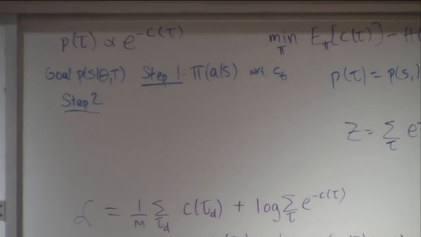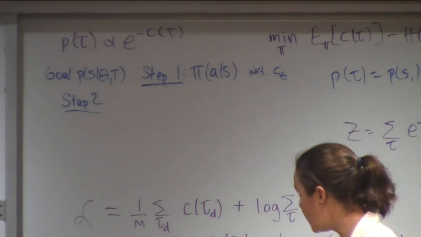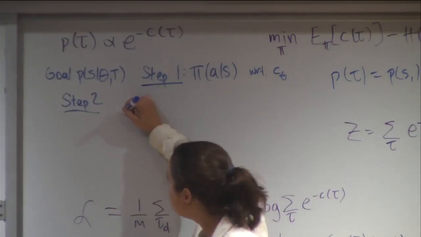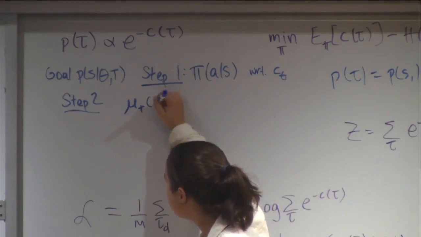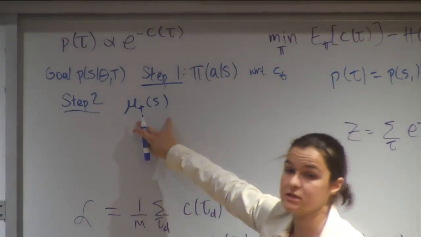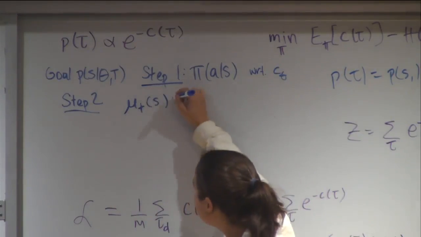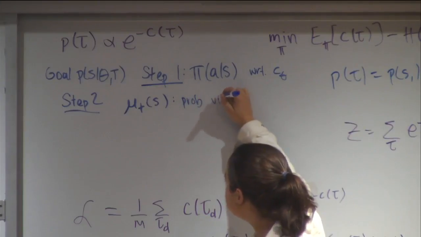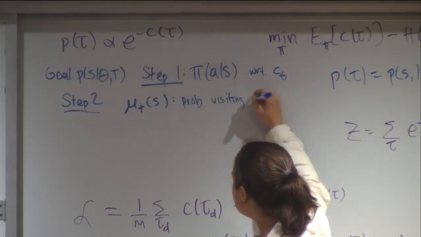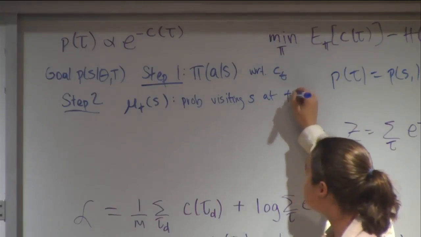Now we need to compute our state visitation frequencies. The way that we do that is we can first compute the state visitation frequency at time step t, which I'm going to denote as mu t of s, and this is the probability of visiting s at time t.